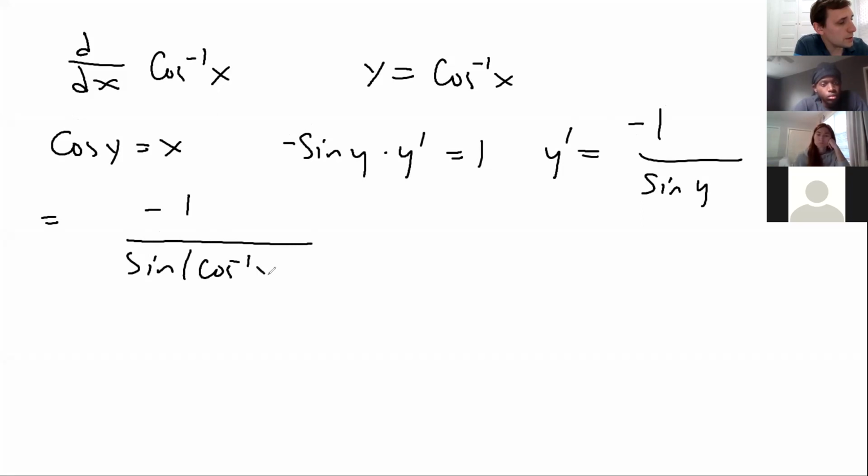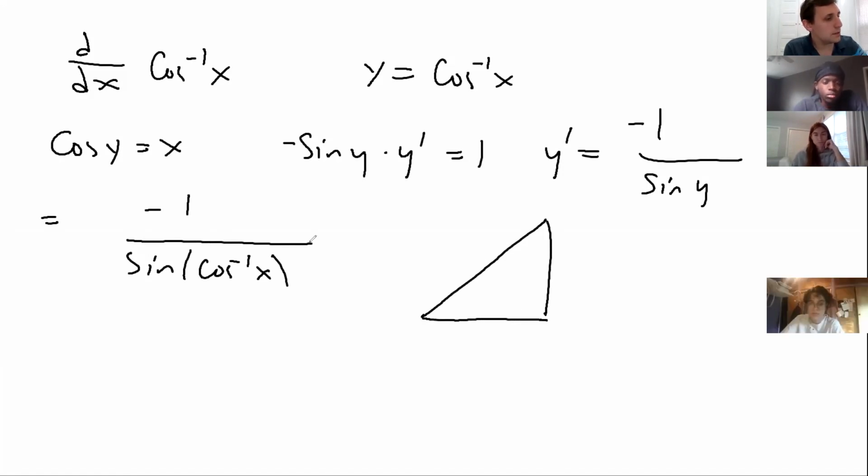cosine inverse x. Yes? What is that value? We can simplify it. We take this angle to be cosine inverse x. In other words, this is the angle. If you apply cosine to this angle, you get ratio x. So how do you get ratio x?